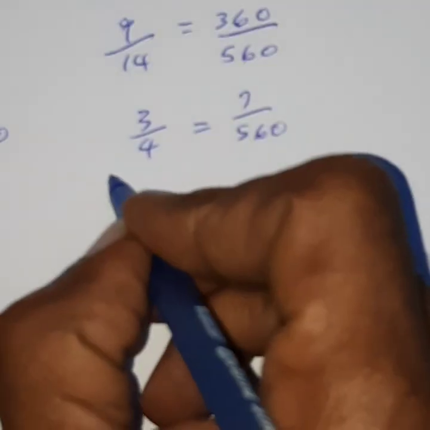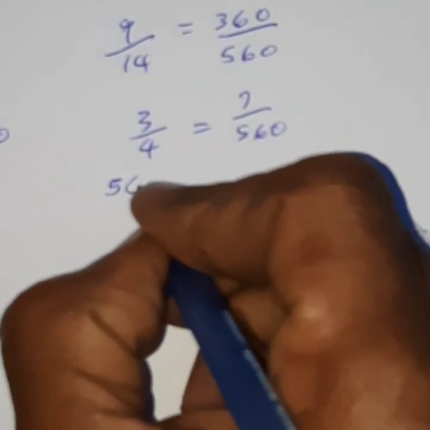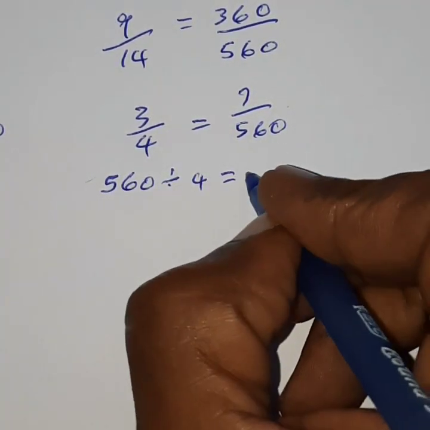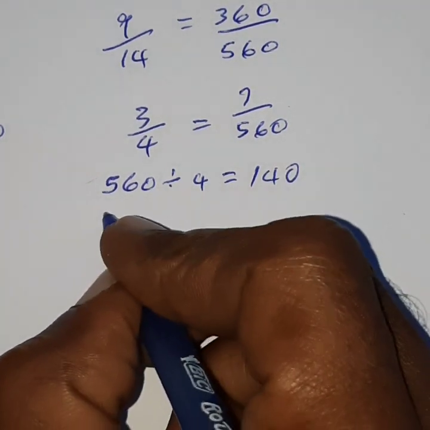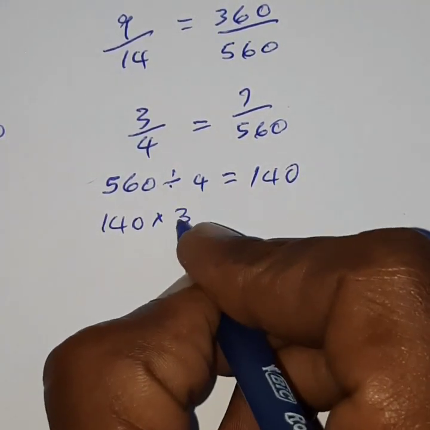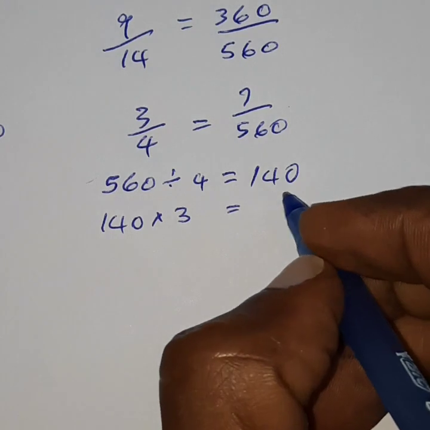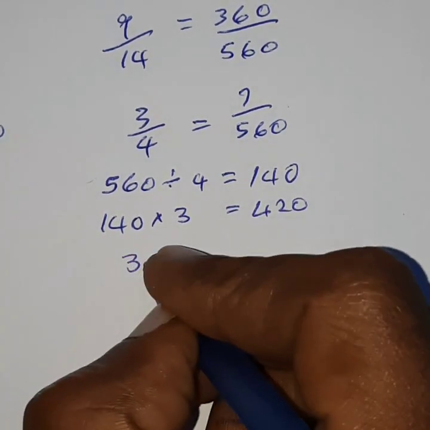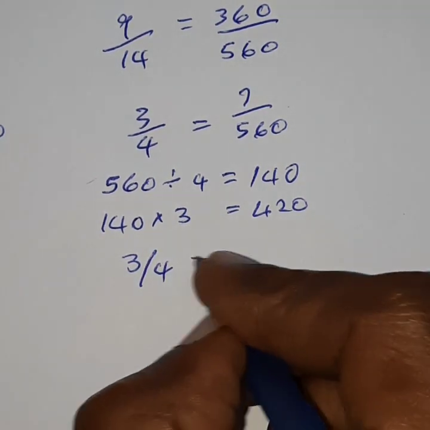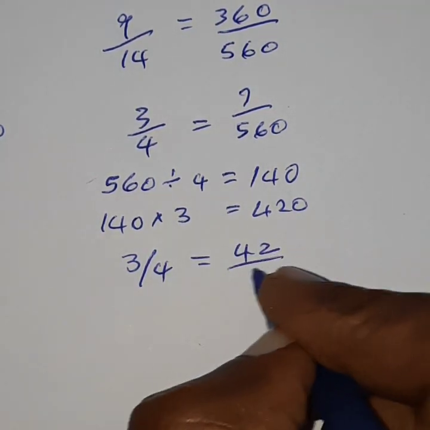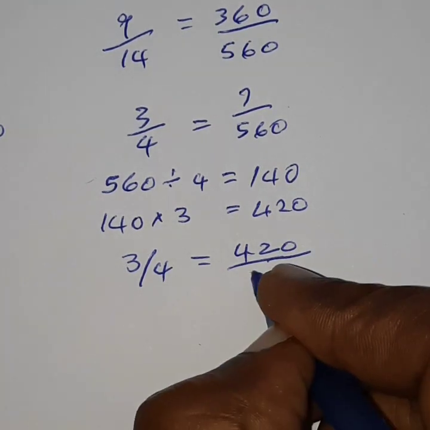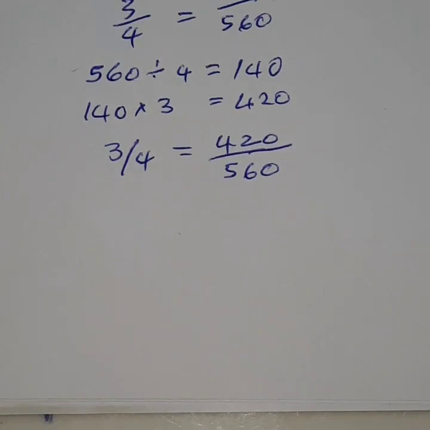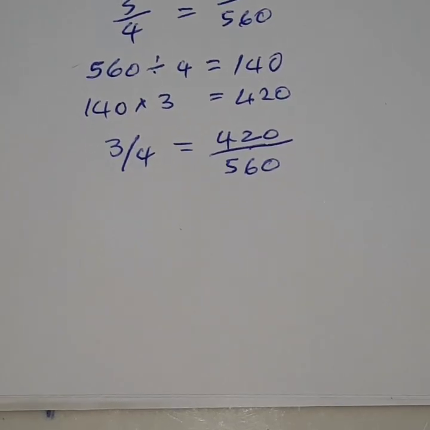We divide 560 by 4, which is equal to 140, and 140 multiplied by 3 is equal to 420. So 3/4 is equivalent to 420 over 560.